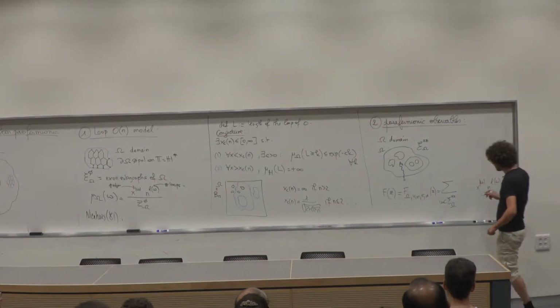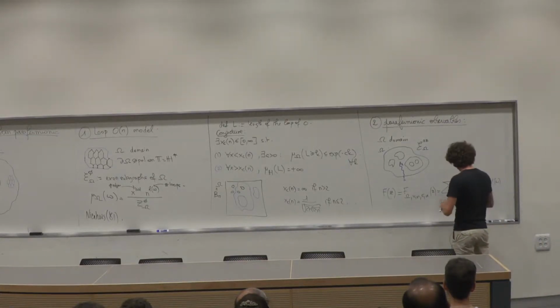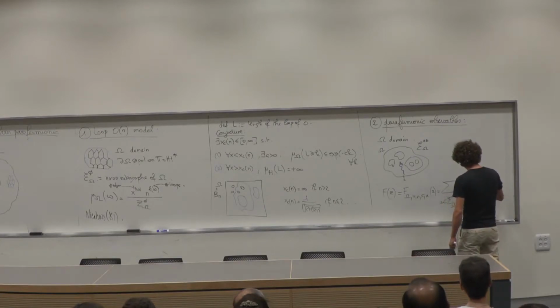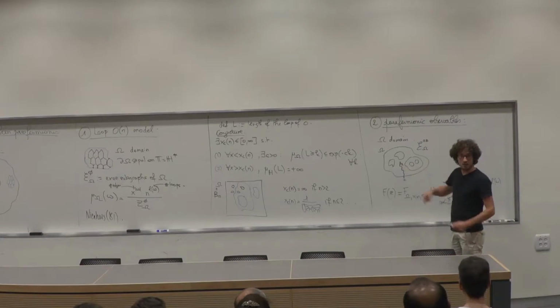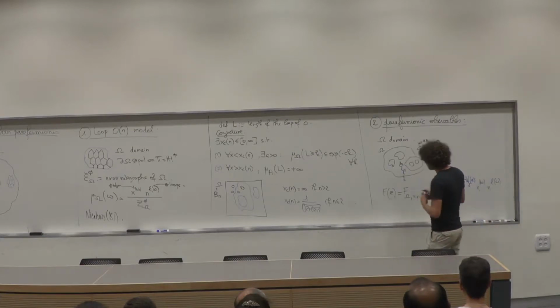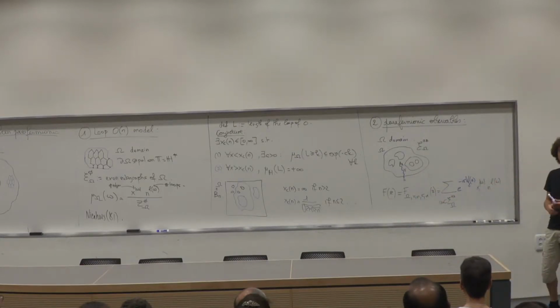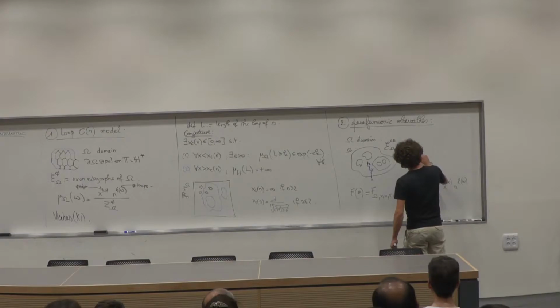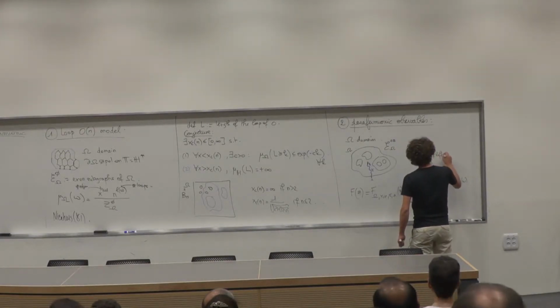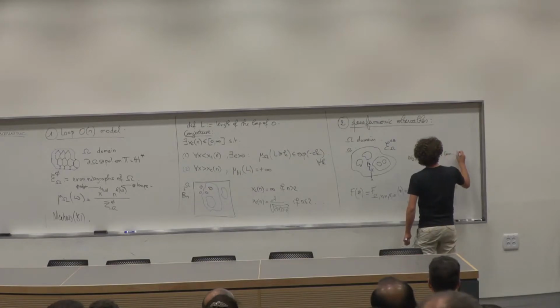But I'm going to add here a winding term, e to the minus i sigma times the winding of this. So what is this thing? Well, you have a path from A to Z. Let's call it gamma. And this path does a certain number of left and right turns. So the winding of the curve is pi over 3 times the number of left turns minus the number of right turns.